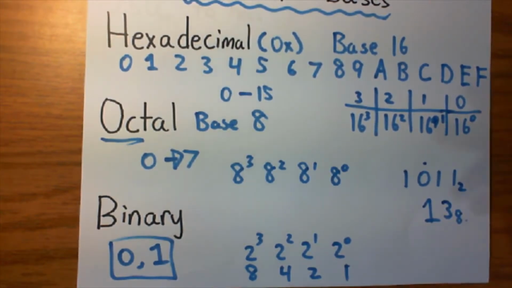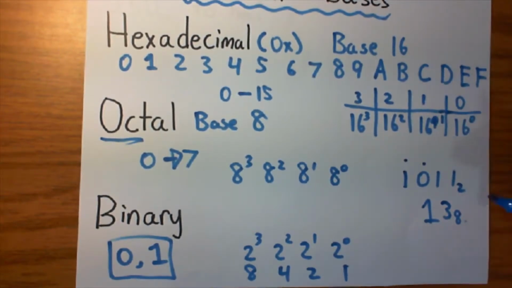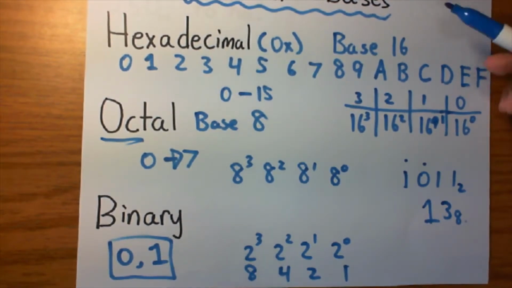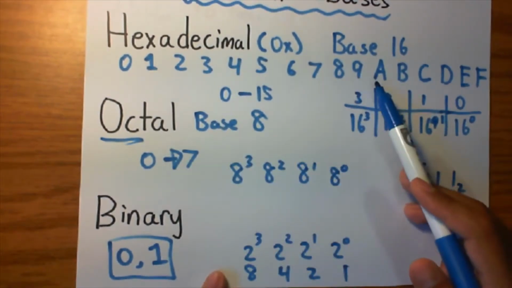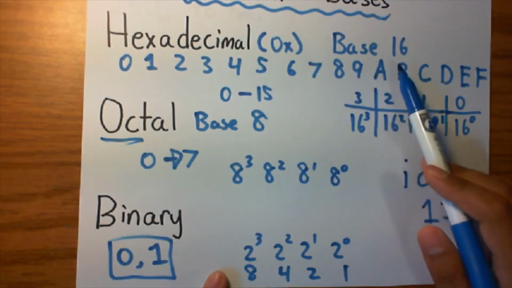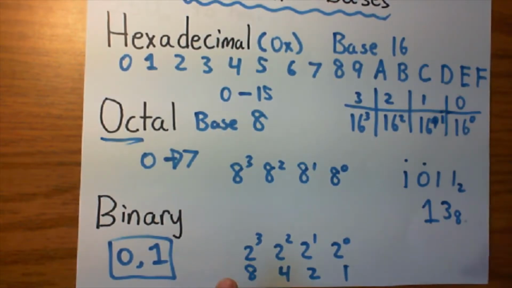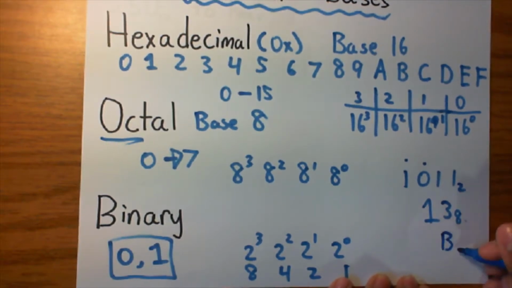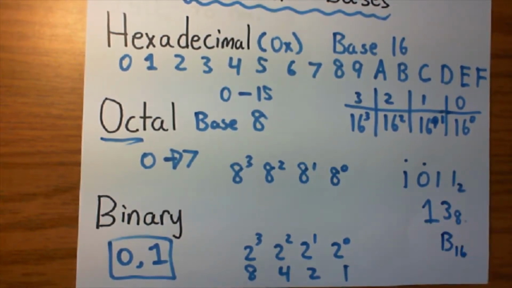What we can do is add up all the bits and see how far up we are. We have 3 here, and this is an 8, just because it's 2 to the 3. So 2 to the 3 times 1 is 8. So we have 8 plus 3, which is 11. Now you might be wondering which letter we use for 11. For now, you can just go through this area here and say 9, A is 10, B is 11. So this is equivalent to B with base 16.